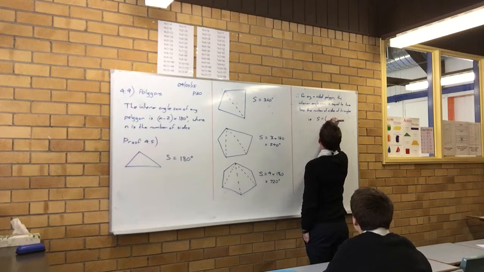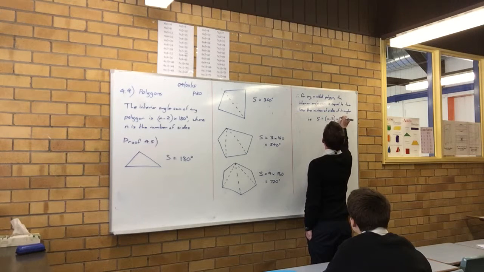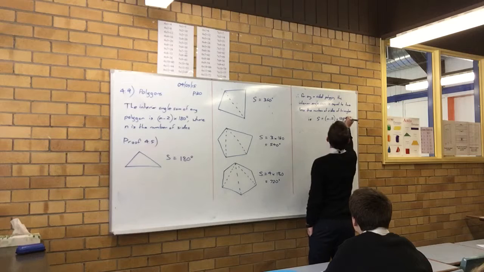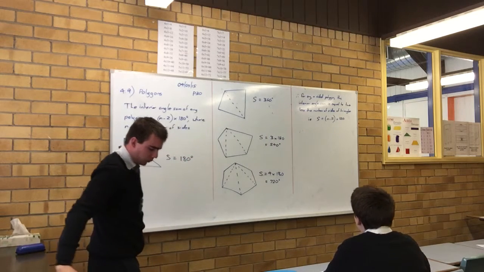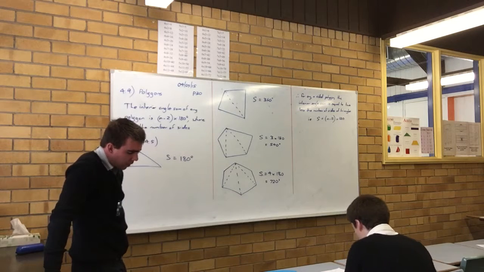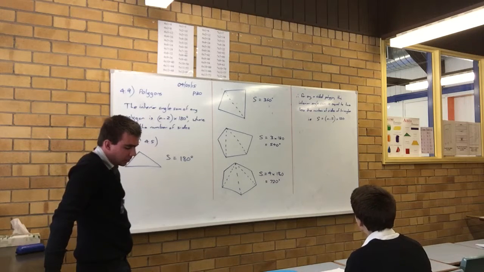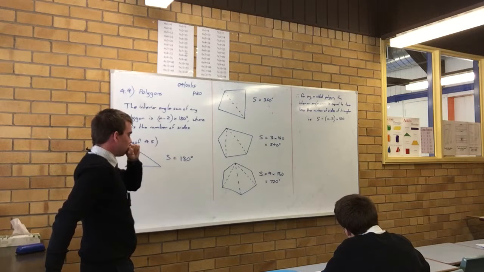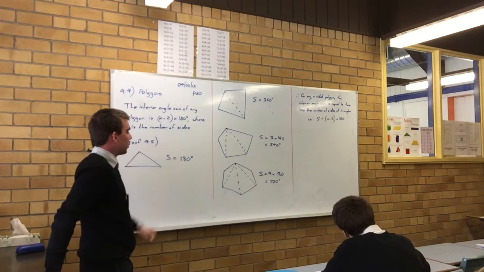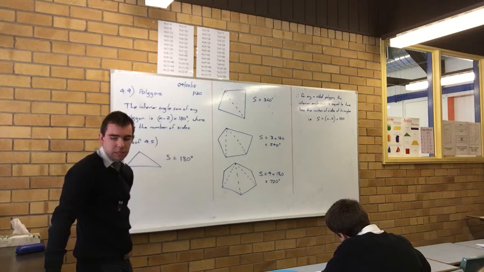So S is going to be (n − 2) times the angle sum of the triangle. That'll work for any n-sided polygon, regular or irregular, as long as the diagonals don't go outside of the shape, of course.